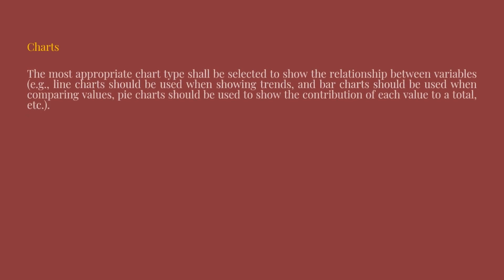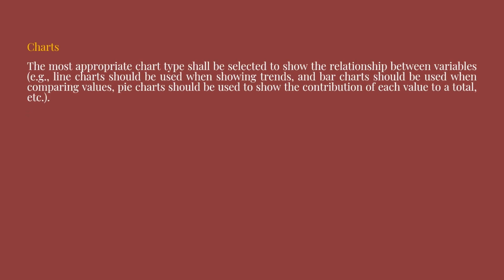How about charts? For charts, the most appropriate chart shall be selected to show the relationship between variables. Say for example, when you want to show trend or what happened to the data across time, then you may use line chart. Or when you want to compare values, you can use bar charts. Or when you want to show the contribution of each value to the total, you can use pie charts.